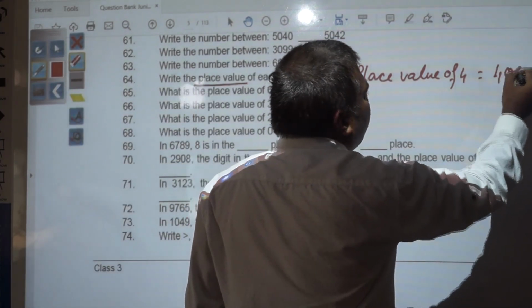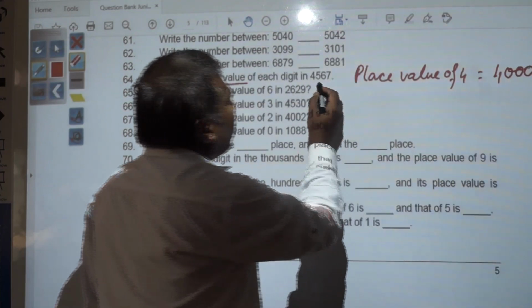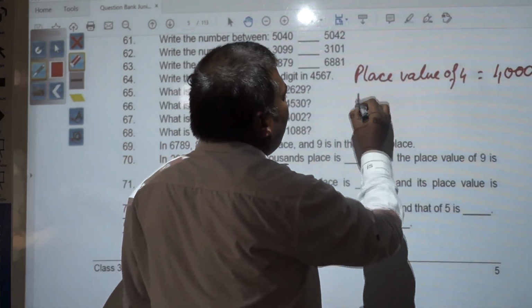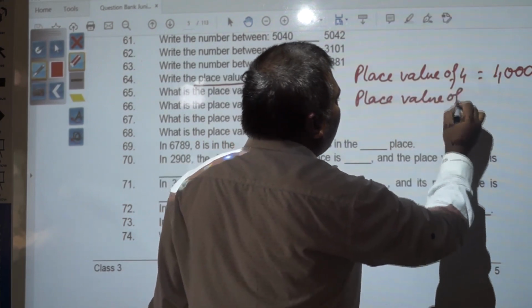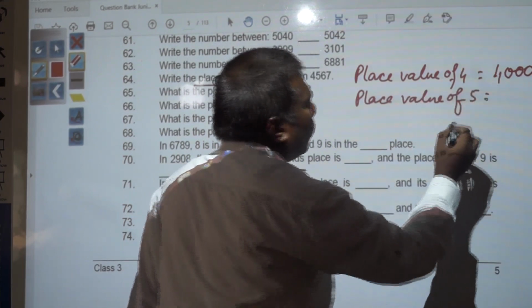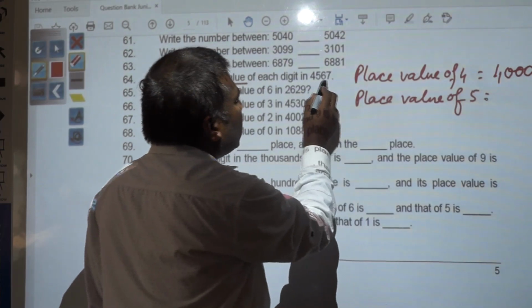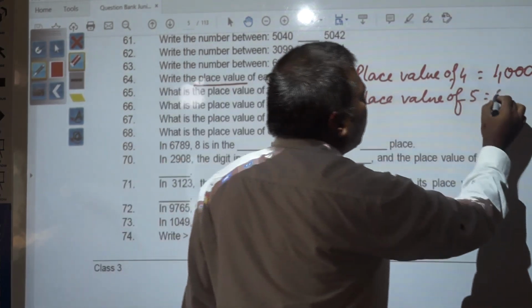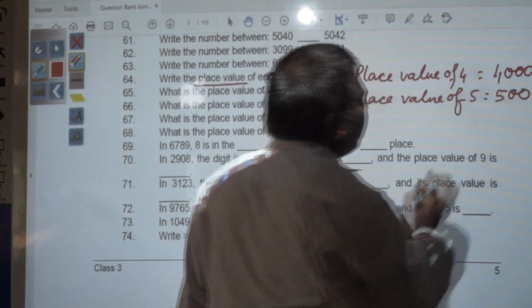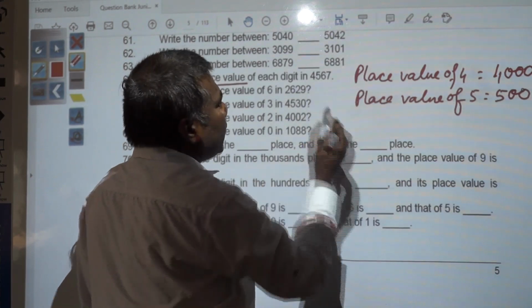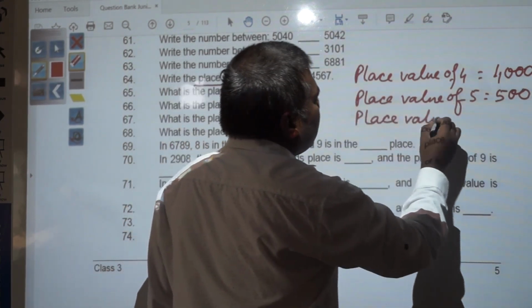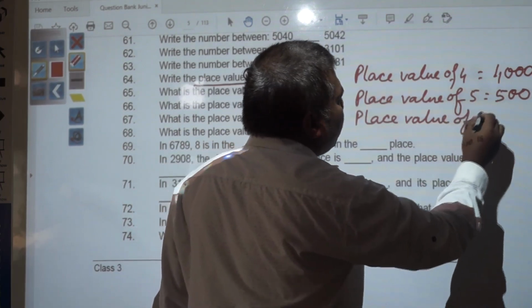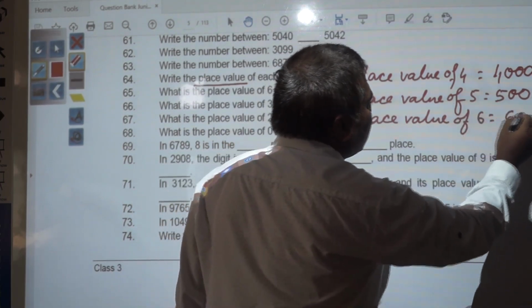So this will be 4000. Find the place value of 5. Here you see ones, tens, hundreds. So this is in the hundreds place, so it will become 500. Here you see 6, place value of 6. This is in the tens place, so this will be 60.